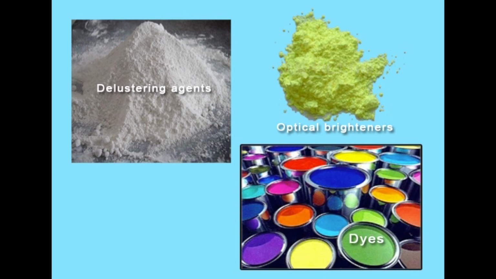Additives used in polymer solutions. Different types of additives are used in polymer solution in order to provide different characteristics to the polymer. Sometimes they use delustering agents, or sometimes optical brighteners, or sometimes dyes, and sometimes anti-static agents are added to the polymer solution.